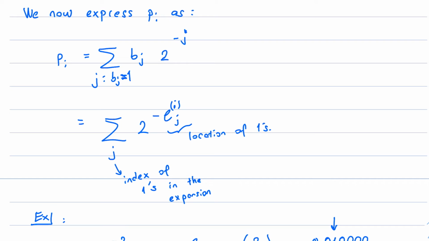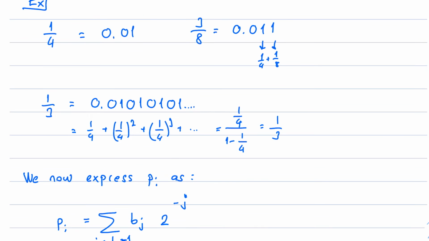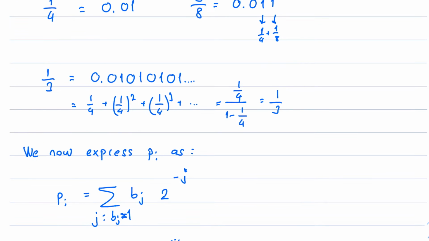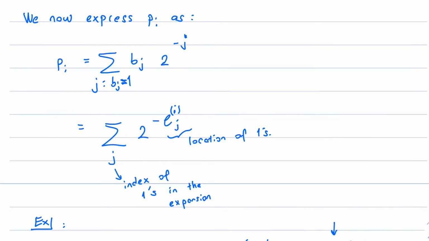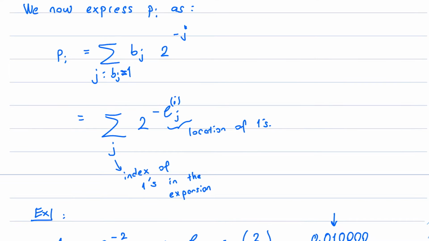And now we express p_i from the contributions of the ones, because zeros have no contribution to this sum. From the binary expansion, we see that any p_i can be written as a sum of 2 to the minus l_j's, and here the l_j's are some integers, and they will be depths in our binary tree.